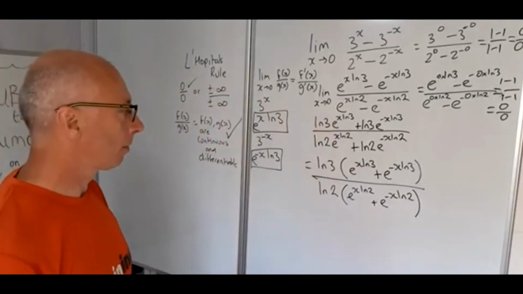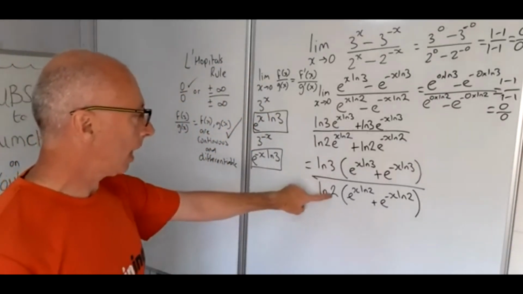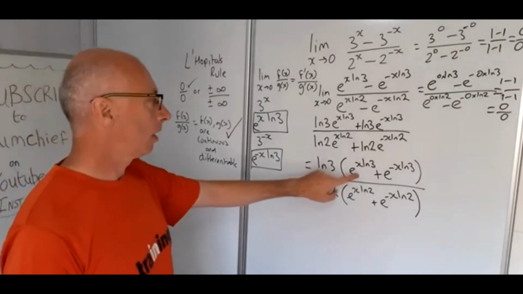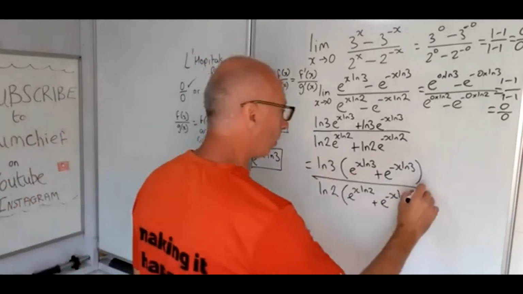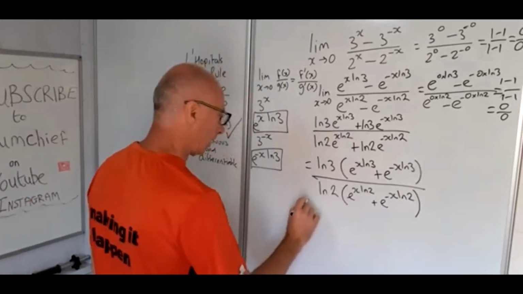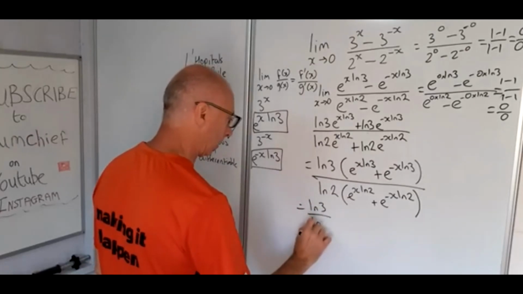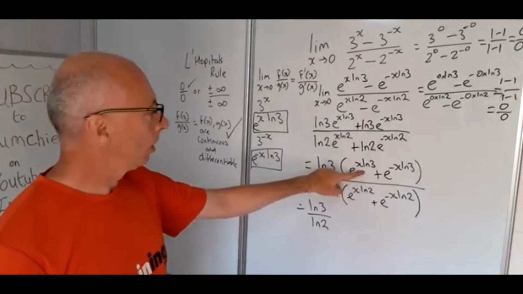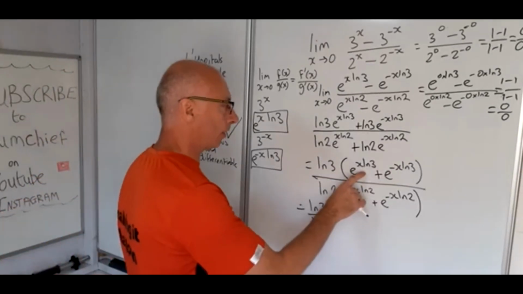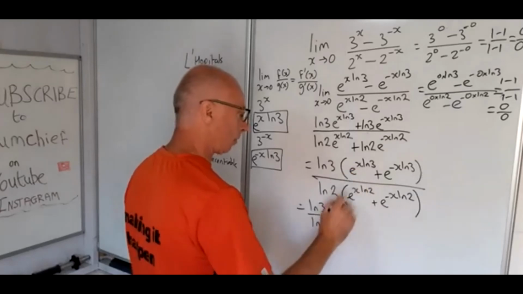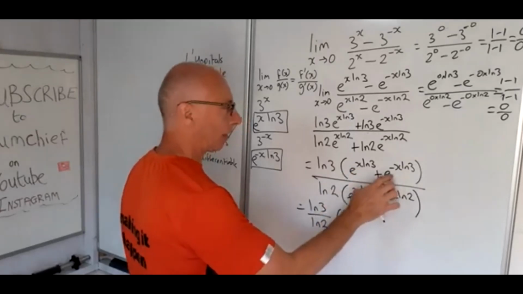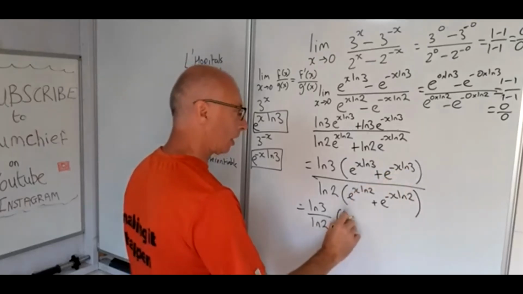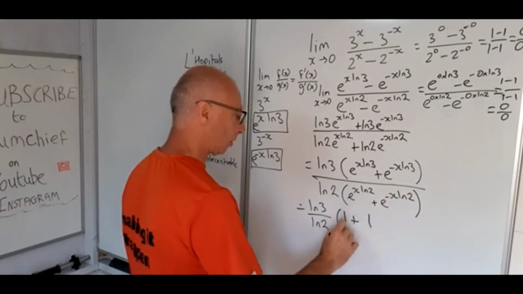Okay, ln 3 and ln 2 are just constants, so those will stay as they are. Plug in a 0 for all these, so we get ln 3 over ln 2. Plug in 0 for this one, so e to the 0 times ln 3 becomes 1, and then this one here becomes plus 1, because that's also 0.